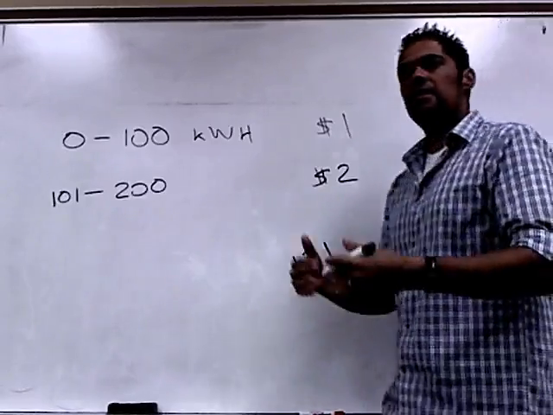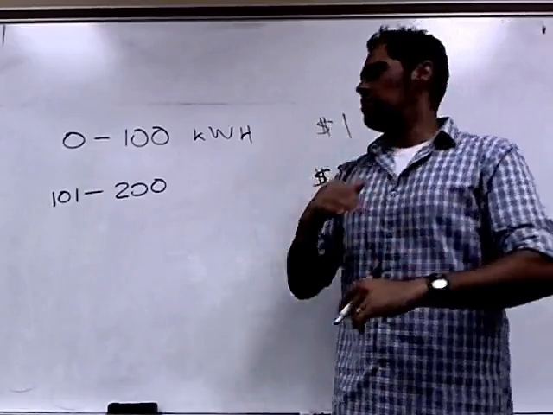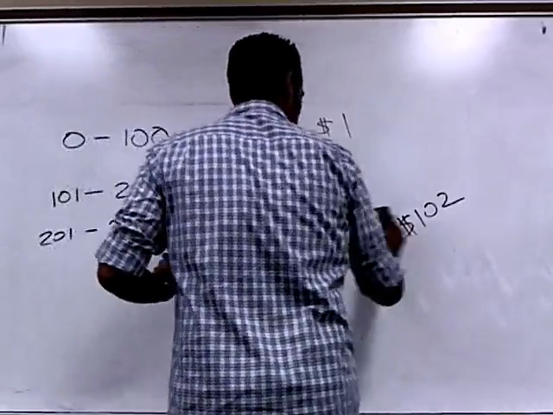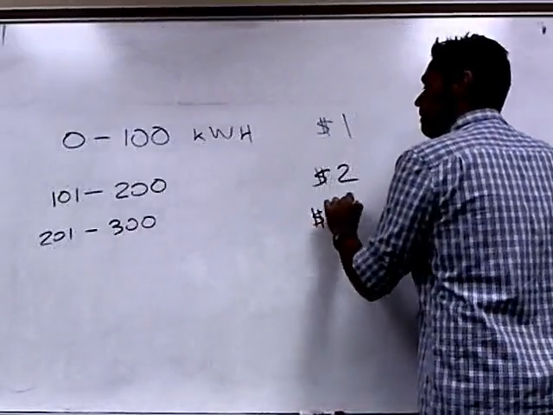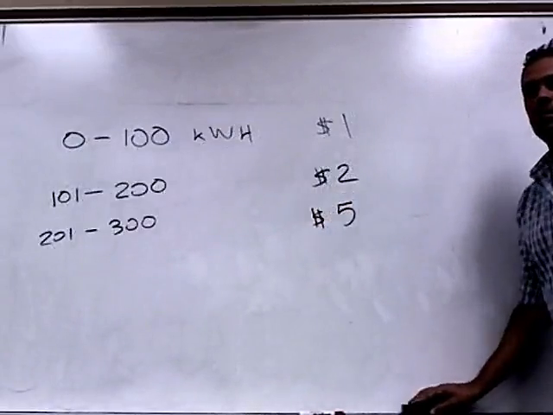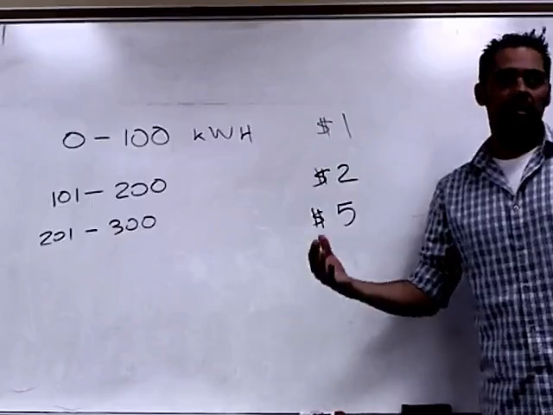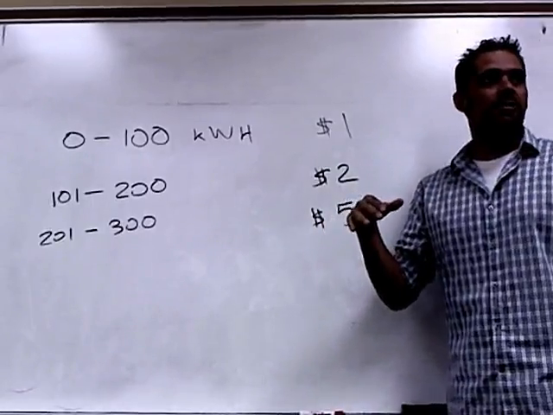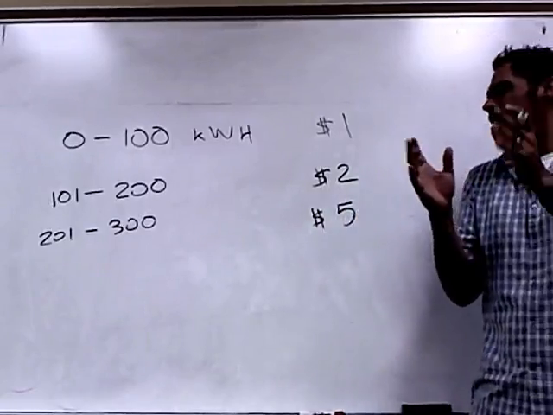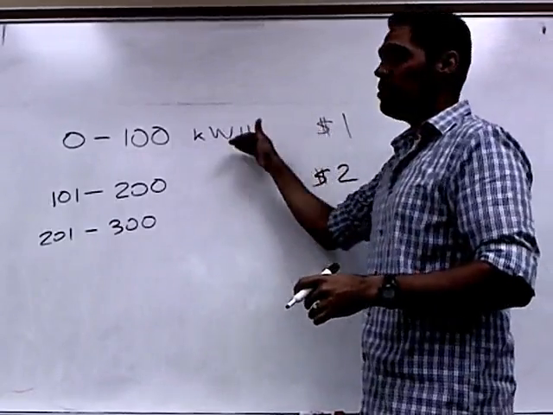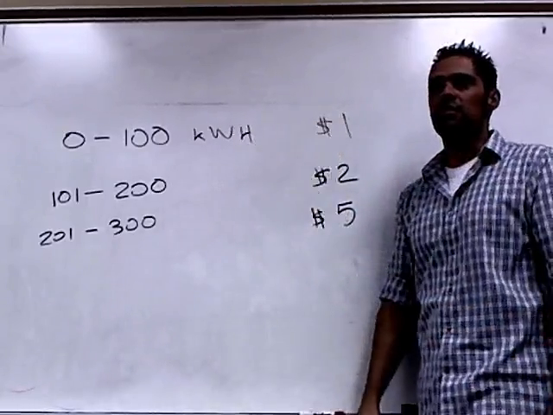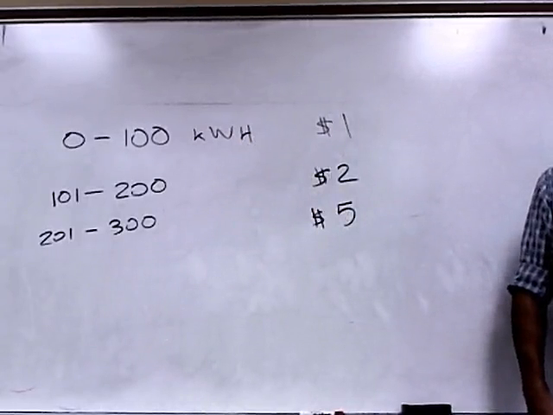And then they tier their prices. So if you go now between 201 and 300, then they say, all right, now we're going to charge you $5. And it's the more you use, the more you pay. It's really like this for water, especially in Texas. If you use within a certain amount, not much water, they don't charge you a whole lot. But once you start going way past what the average person uses, you pay a lot for it.